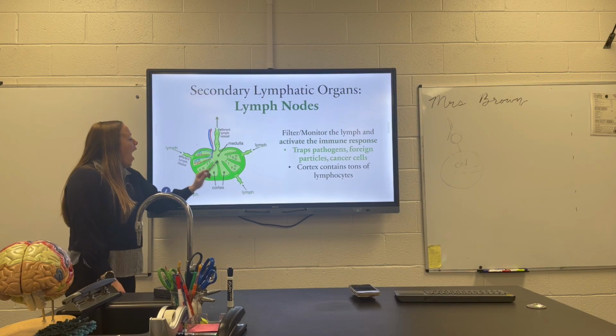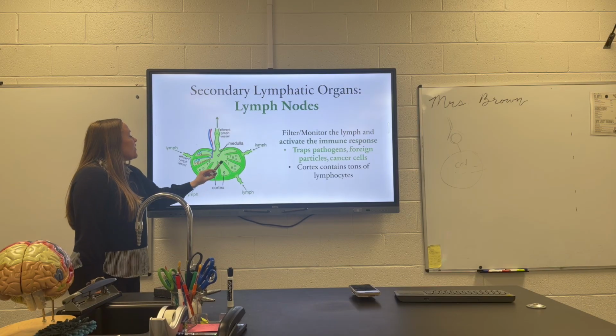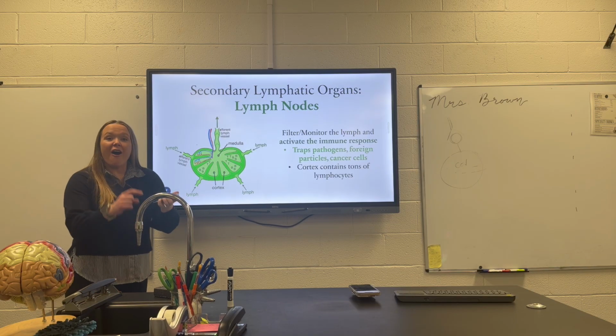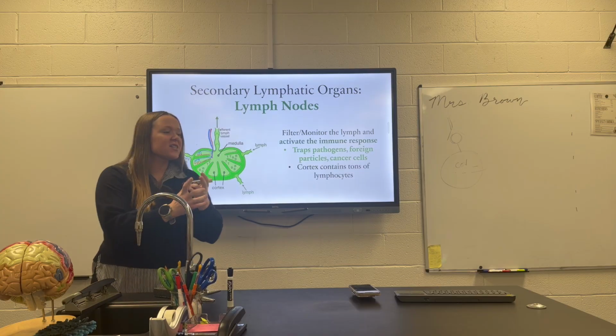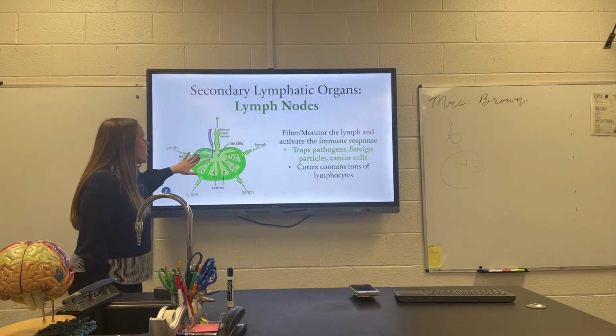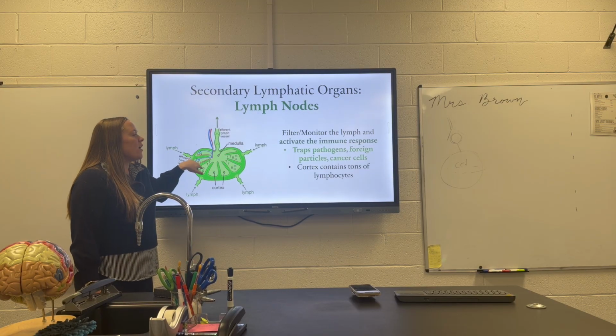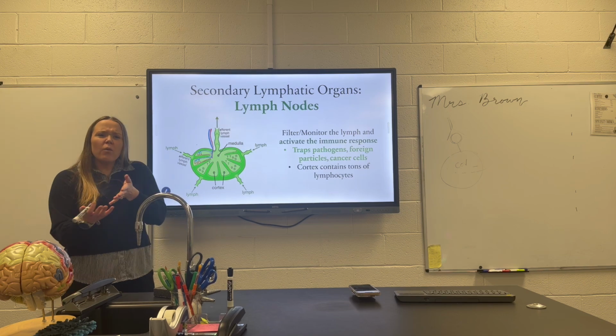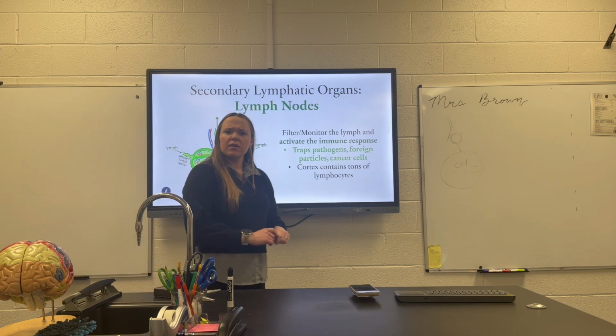And as it's coming through here, there's a high concentration of B cells and T cells in the cortex of this lymph node. So what do you think happens there?